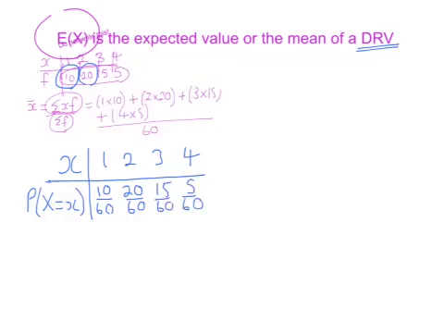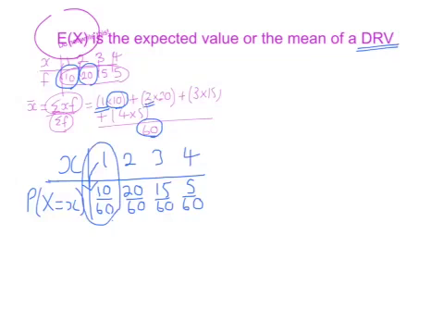So how am I going to find the mean? If I look up towards the frequency table, can you see that the first value is 1, and I times it by 10, and then I divide it by 60, which is the same as timesing these two together. So we look at another one.